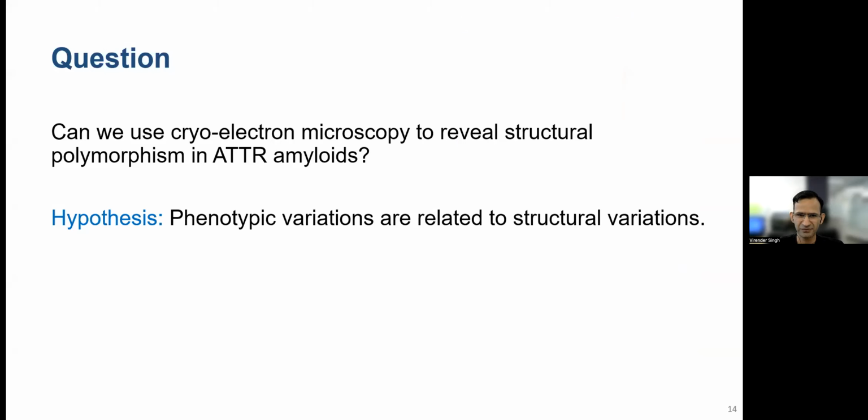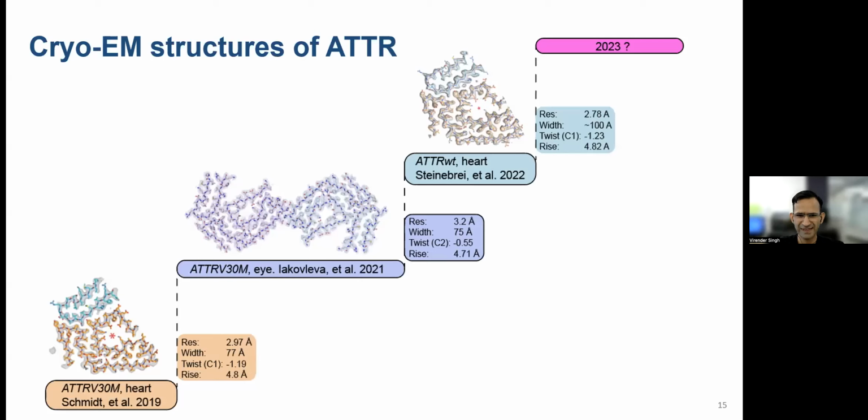The question which we are asking is, can we use cryo-electron microscopy to reveal structural polymorphism in ATTR amyloids? Our working hypothesis is that the phenotypic variations are related to structural variation in amyloid. When we started, there was one structure out from the ATTRv V30M mutation.